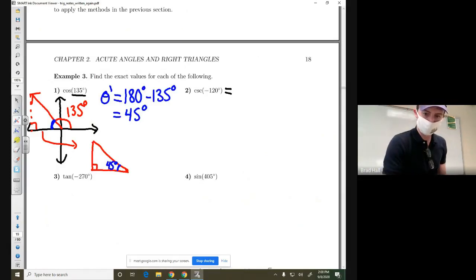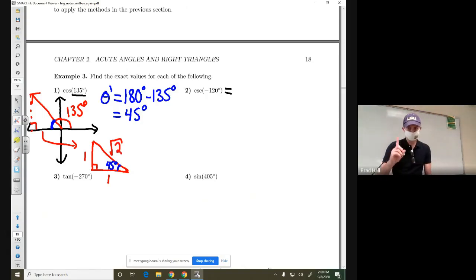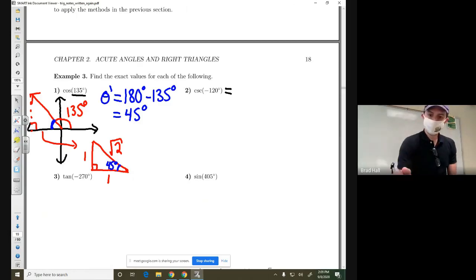For 45-45, we know it's 1, 1, and square root of 2, with one exception. Does anyone happen to see the exception? I mean, what I have is right. Say that again? Negative. For which one? The x and the y.